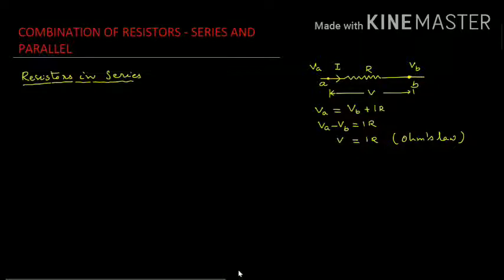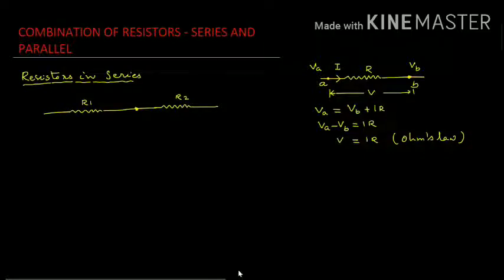One of their endpoints is joined. This is a resistor of resistance R1. Now this point is joined with another resistor of resistance R2.